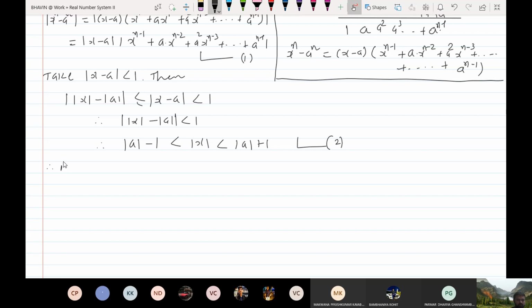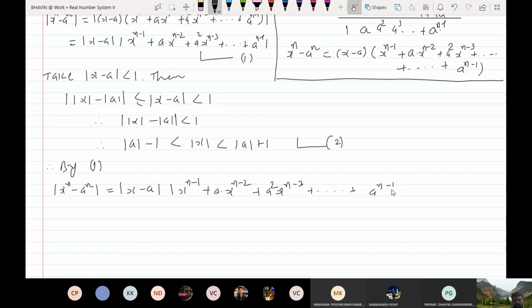Therefore, by 1, the left side of 1 is nothing but x raised to n minus a raised to n. Now this is equal to modulus of x minus a, and in the second bracket this term is there: x raised to n minus 1 plus a into x raised to n minus 2 plus a square into x raised to n minus 3 and so on.